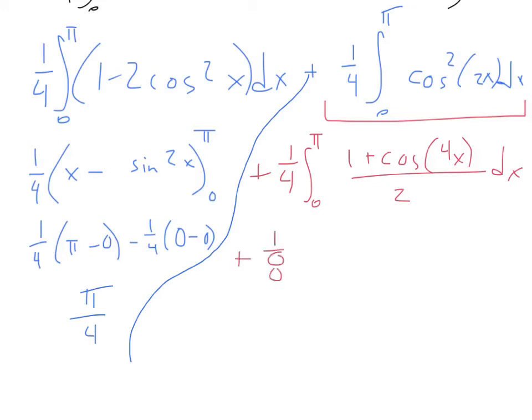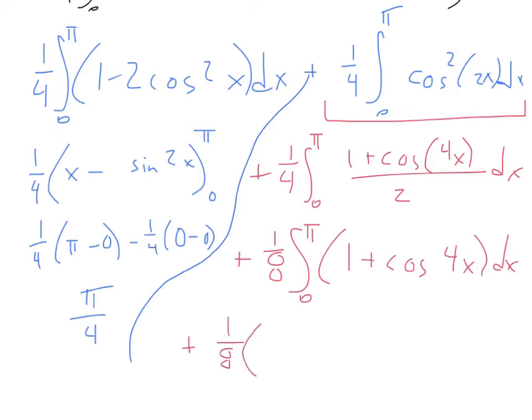This will give me 1/8, the integral from 0 to pi of 1 plus cosine 4x dx. And now this integral is the same level of difficulty as the one we had up here. There's just a little bit more stuff going on around it. So I've got 1/8 times x plus 1/4 the sine of 4x, and this is evaluated from 0 to pi.